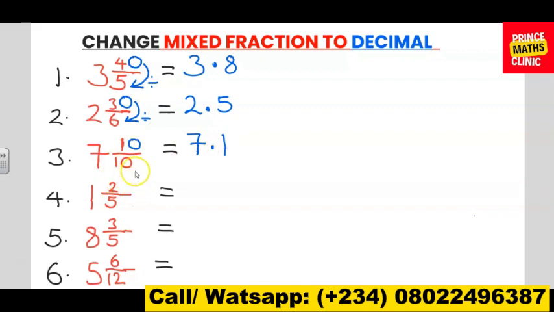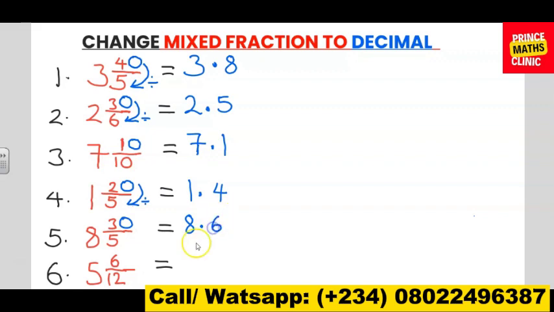Good. So similarly, write out the whole number here, 1, put a point, then put a 0 here, such that 20 divided by 5 will give you 4. You put down 4. Good. Same thing here. You write down the whole number 8. You put a point. Good. You write a 0 here, such that 5 can go in 30 six times.